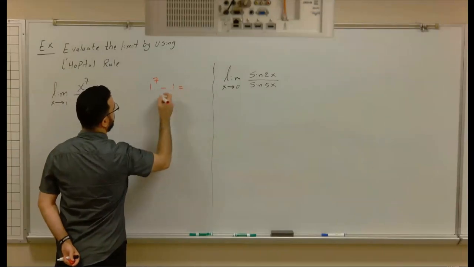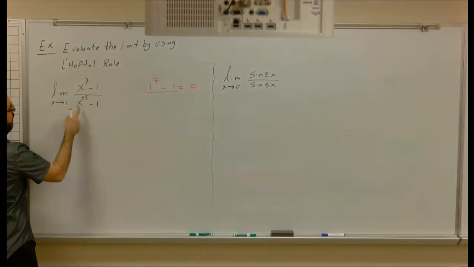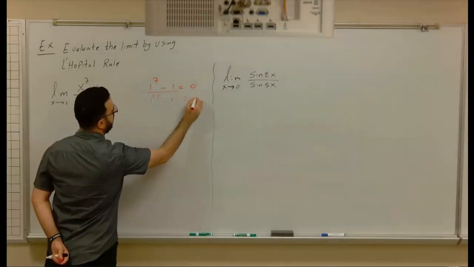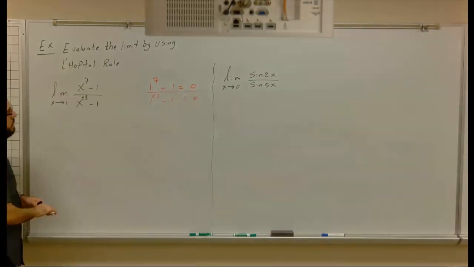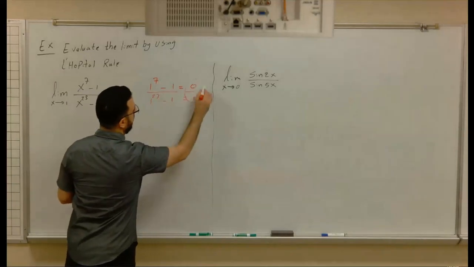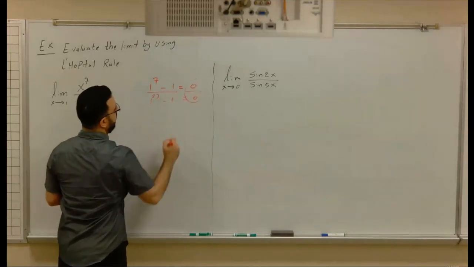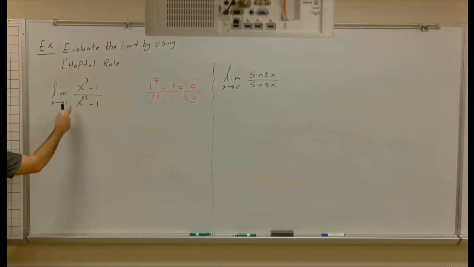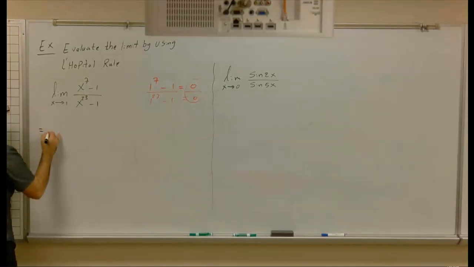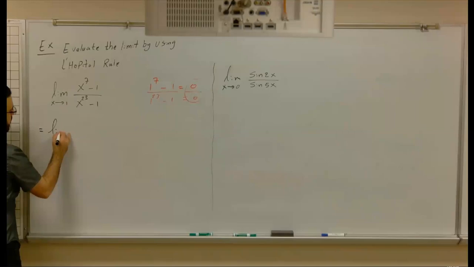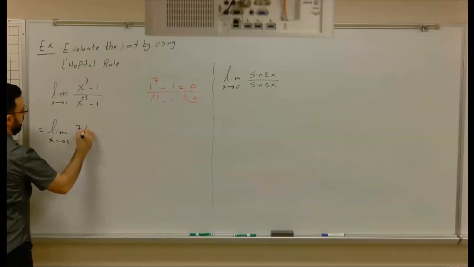If you plug in 1 here, it's also 1 to the power 23 minus 1, which also equals 0, so it's 0 over 0. That means this is indeterminate form, so I'm going to use L'Hopital's rule. Find the derivative here, so it's going to be the limit when x approaches 1, and the derivative here is going to be 7x to the power 6.